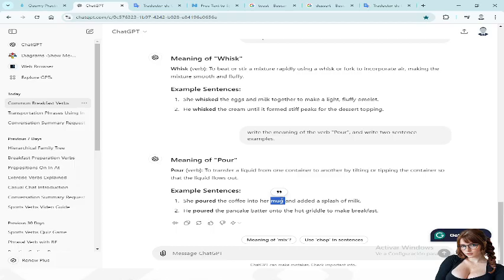Her mug and added a splash of milk. The word is pour.